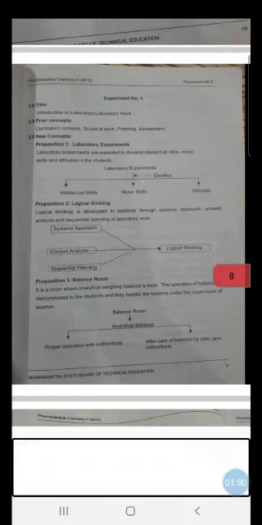Now we are proceeding today with the first experiment, that is introduction to laboratory or laboratory work. The title itself suggests that in this experiment you will be introduced to the pharmaceutical chemistry 2 laboratory.